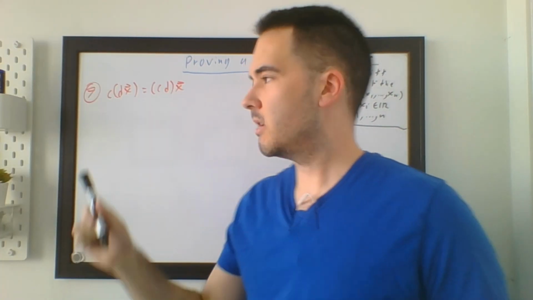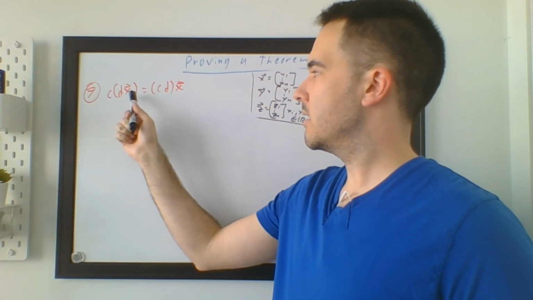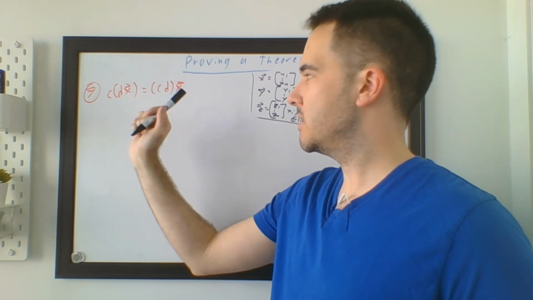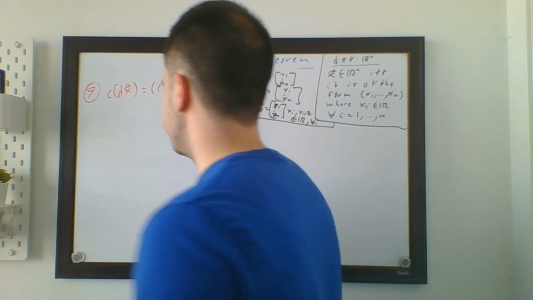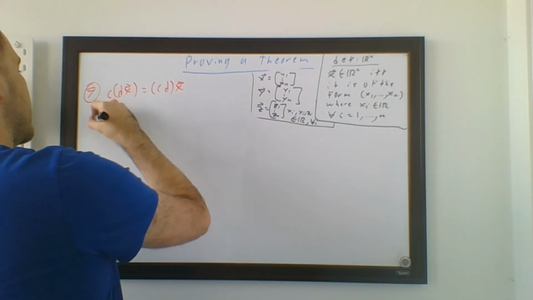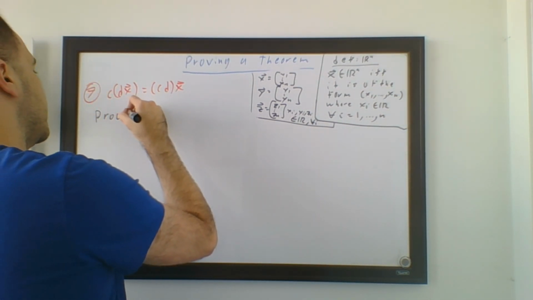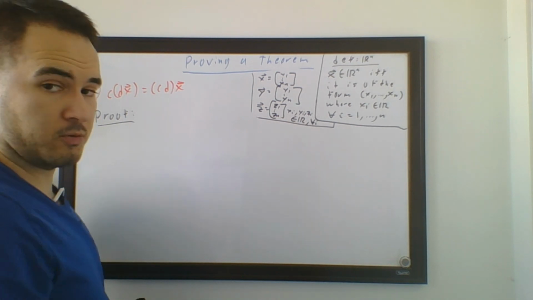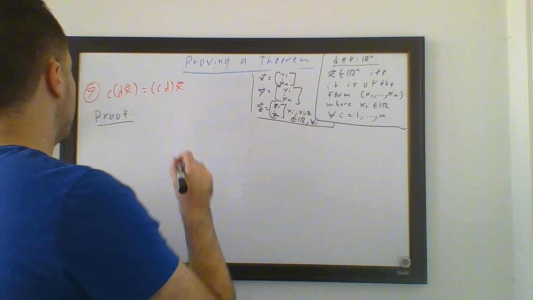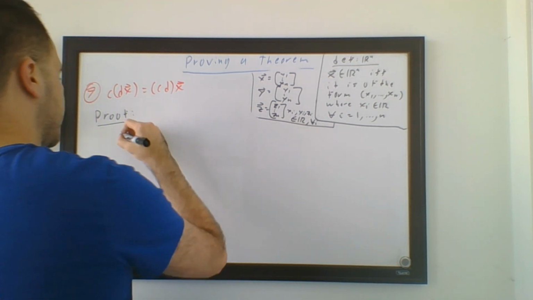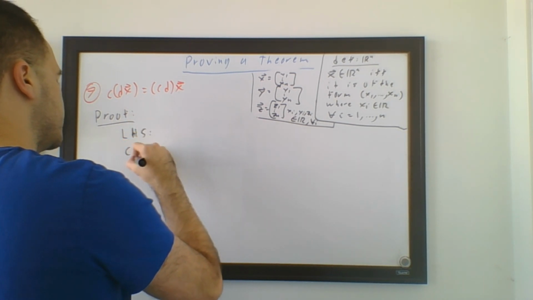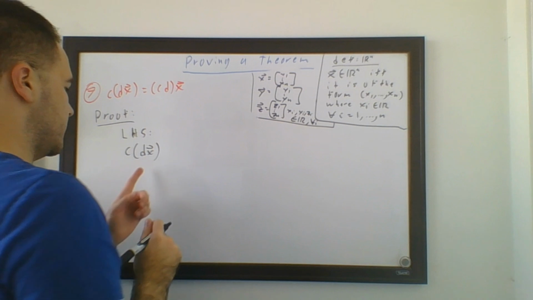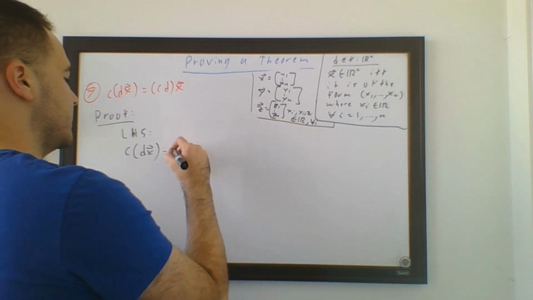Statement number 7 is we're going to show that d times x and then times c is the same as c times d and then times x. So this one, we're going to do what we did in part 2, statement 2, showing left-hand side and right-hand side. So our left-hand side, c times (d times x), we'll do the inside first.